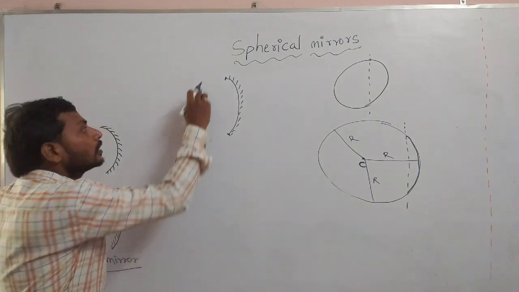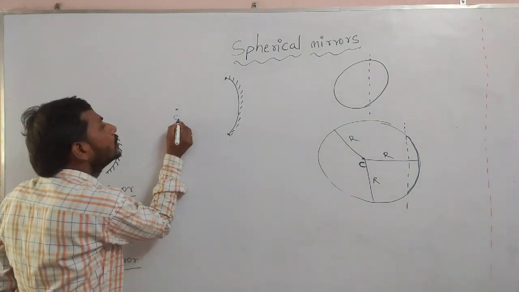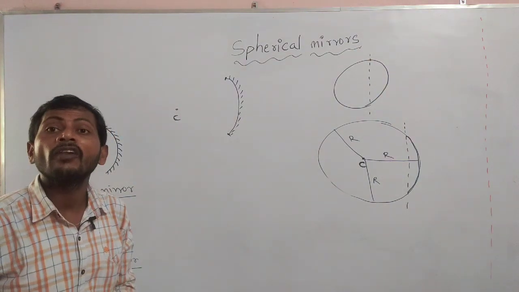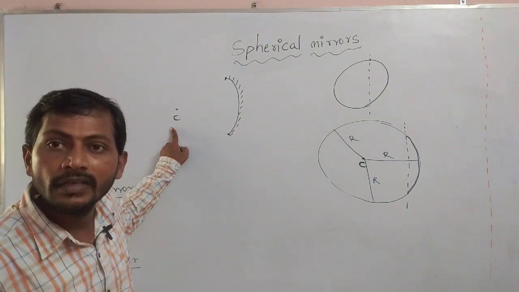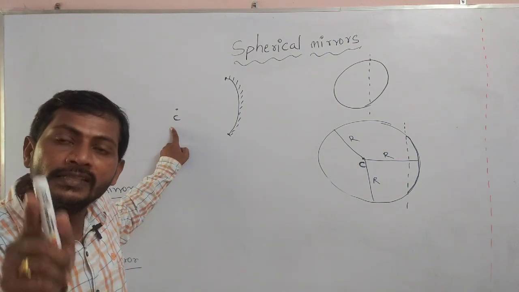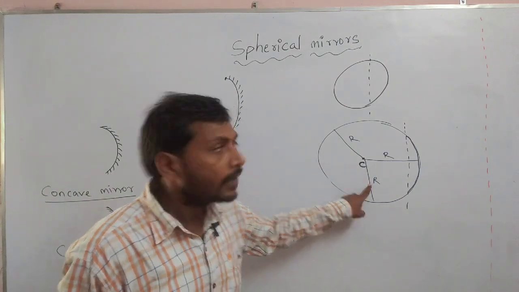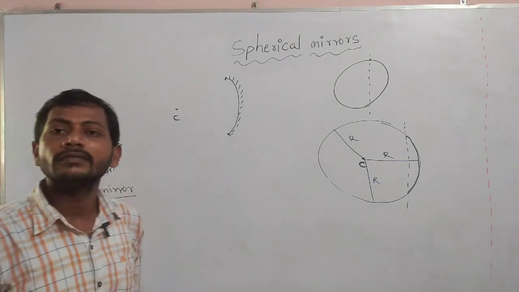That's why I give the center the name center of curvature. What is meant by center of curvature? Center of curvature is the center of the sphere from where this curvature part has been taken.